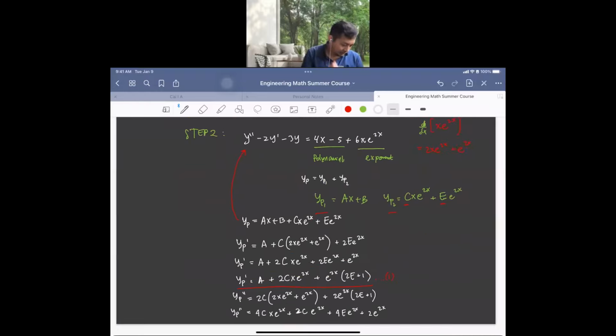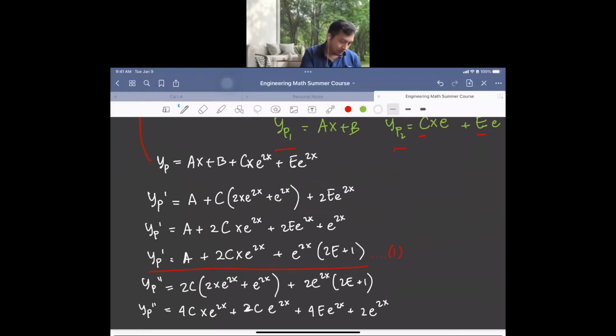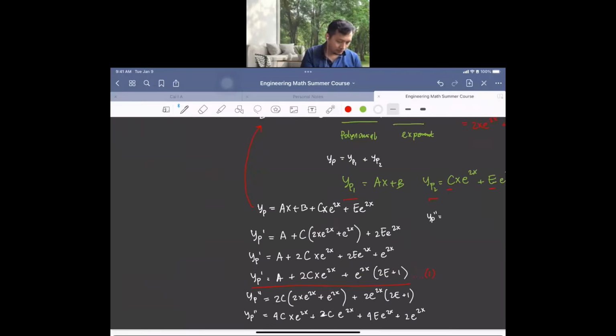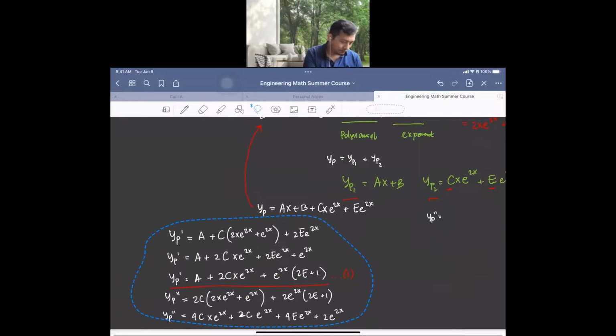It seems a little bit confusing here, so let me take the yp double prime and move it a little to the left.